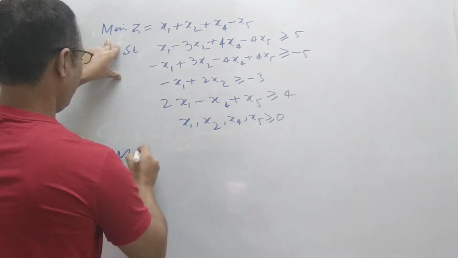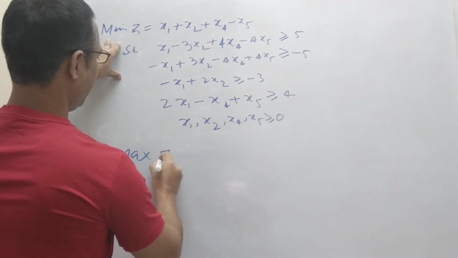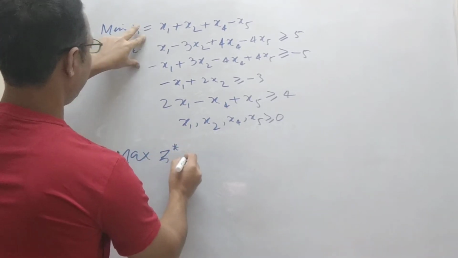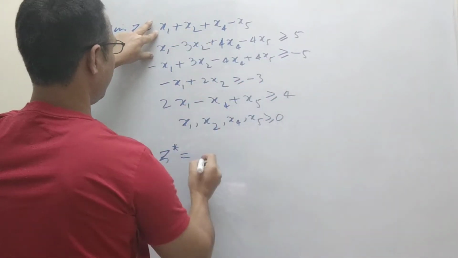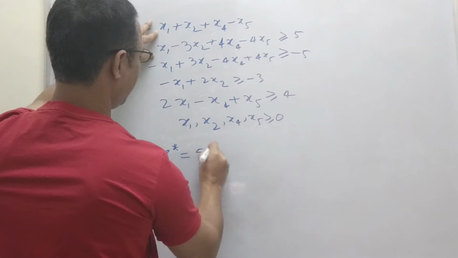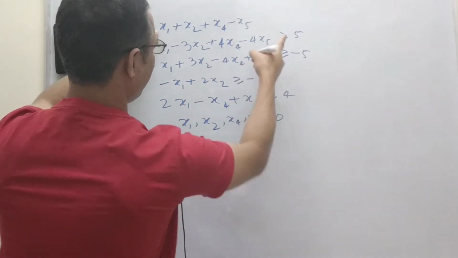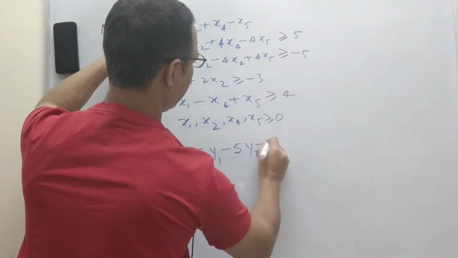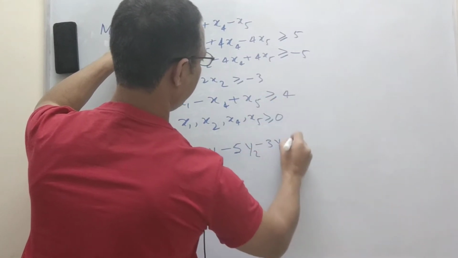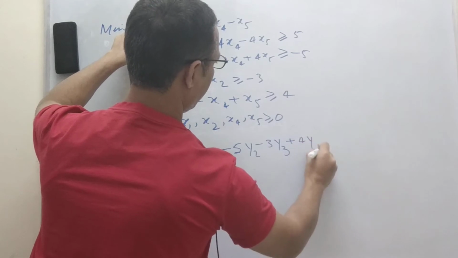What will be its dual? Min will be changed into max, z is going to change into z star, and all the right hand side constants will become the coefficients of the objective function. So I am going to consider the variable y. So 5y1 minus 5y2 minus 3y3 plus 4y4.